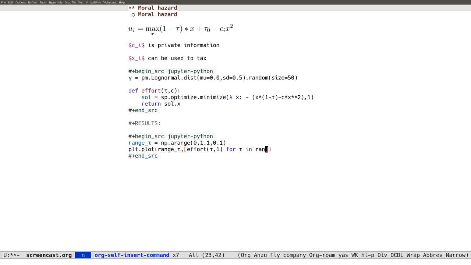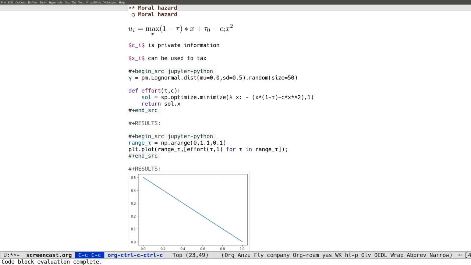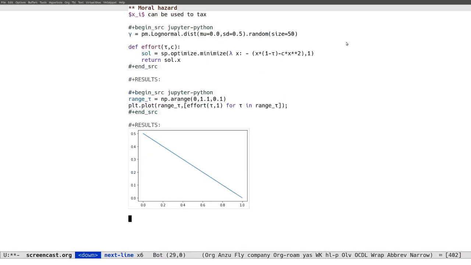And as you can see, this relationship between marginal taxation on the horizontal axis and income earned or effort invested by the agent is a negative relationship. The higher tau is, the lower your net income is, and the substitution effect then suggests that indeed you work less. With this simple utility function we don't have an income effect, so it's just a substitution effect. The higher the marginal taxation used by the government, the less people will work.